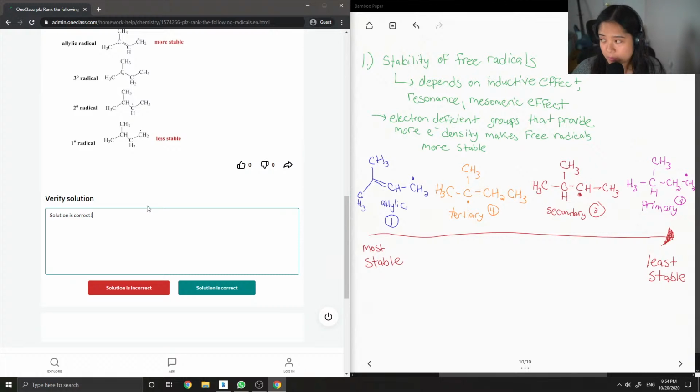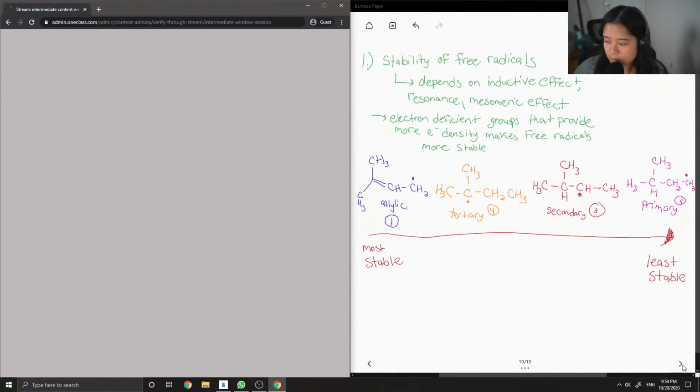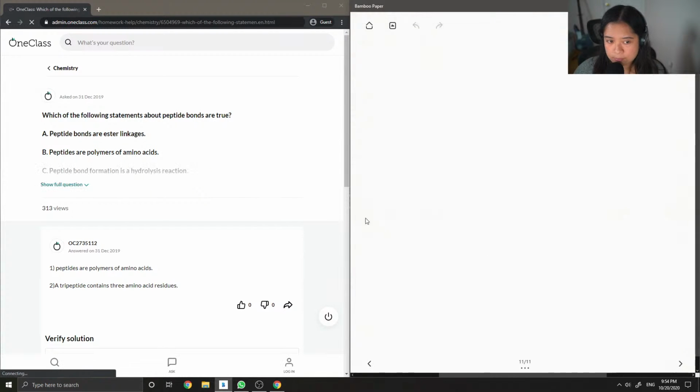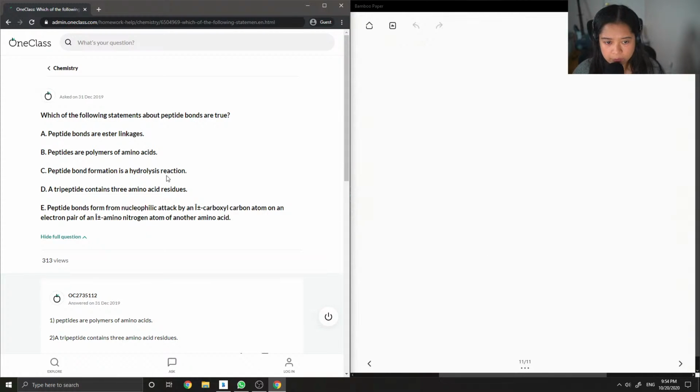Okay, so now we can move on to question number 2. Which of the following statements about peptide bonds are true? So before I get into reading all of the different options, I'm just going to draw out what a peptide bond is. Just for those of us that aren't familiar with biochemistry.